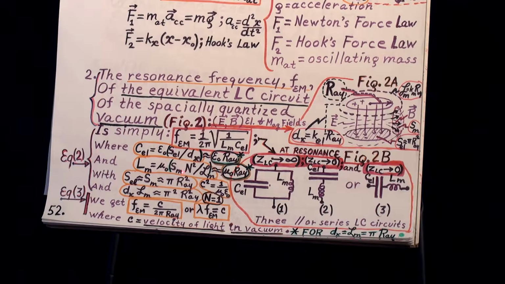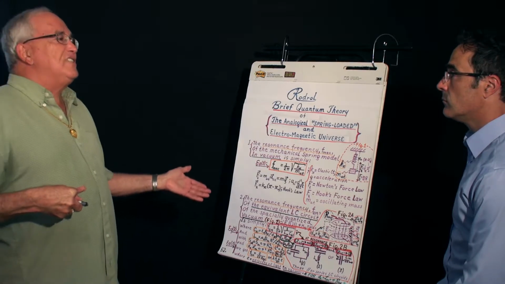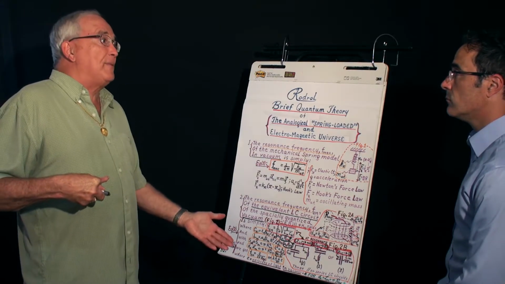Then, simply using this equation, and also the product of the distance between the plates and the length of the magnetic circuit going around it, which is simply pi squared multiplied by r, because taking dx as pi multiplied by r, and Lm the same thing, you get the exact resonance frequency that happens to be experimental.